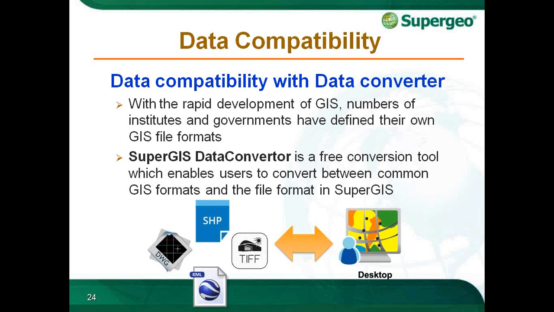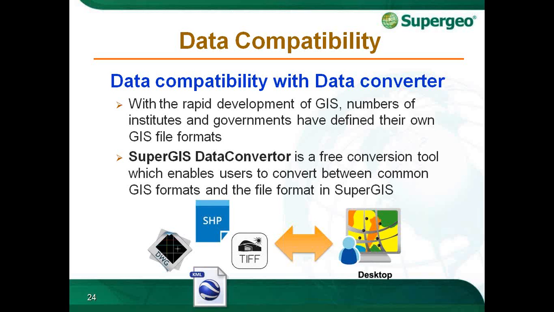So with SuperGIS Desktop, we actually provide you a free conversion tool called the SuperGIS Data Converter, which enables our users to convert between common GIS formats like shapefile, KML, or DWG, and MIF or something, and you can convert within the file in SuperGIS, and also convert between them.